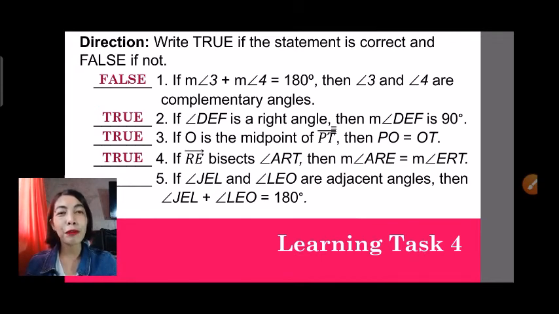And last, number 5, if angle JEL and angle LEO are adjacent angles, then angle JEL plus angle LEO is equals to 180 degrees.